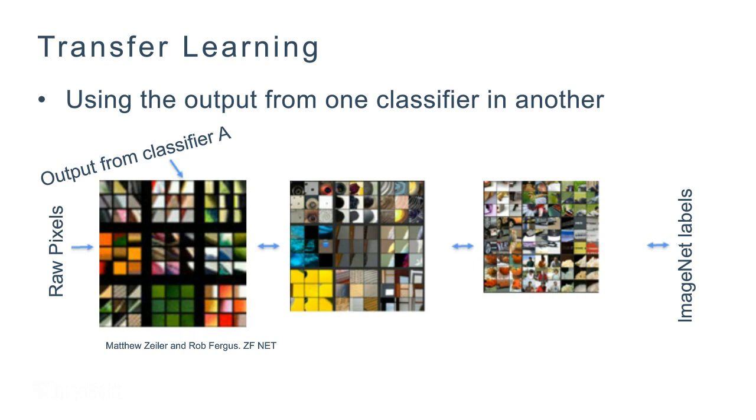Subsequent layers are abstracting over those pixels to find textures and edges, and in that final image you can see individual objects, things that look like pumpkins on the bottom left, or heads and torsos in the bottom middle. The classic way you could use transfer learning, which works with any classifier, is to use the output from one into another.